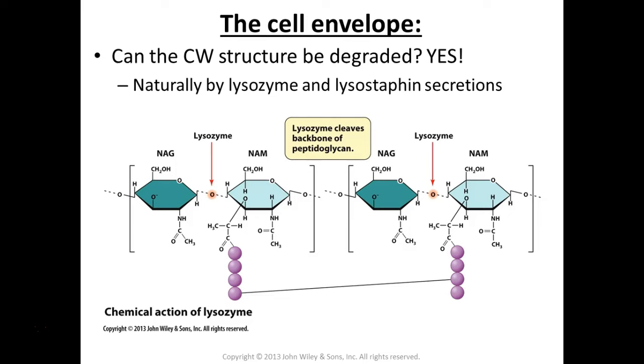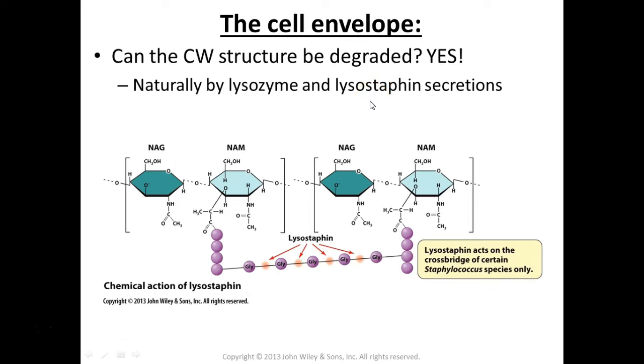This is a new one. This one's interesting. Lysostaphin. This is an enzyme produced by, I think, another bacteria. I'm not sure. But it attacks that intrabridge that's found in gram-positive bacteria like Staphylococcus aureus.